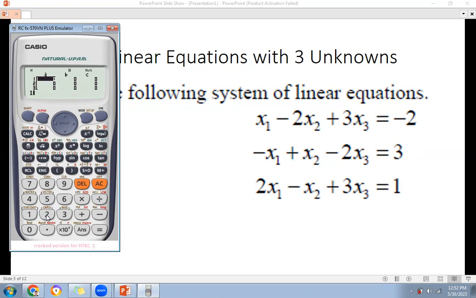We input the coefficients one by one: the first row, then the second row, and then the third row.